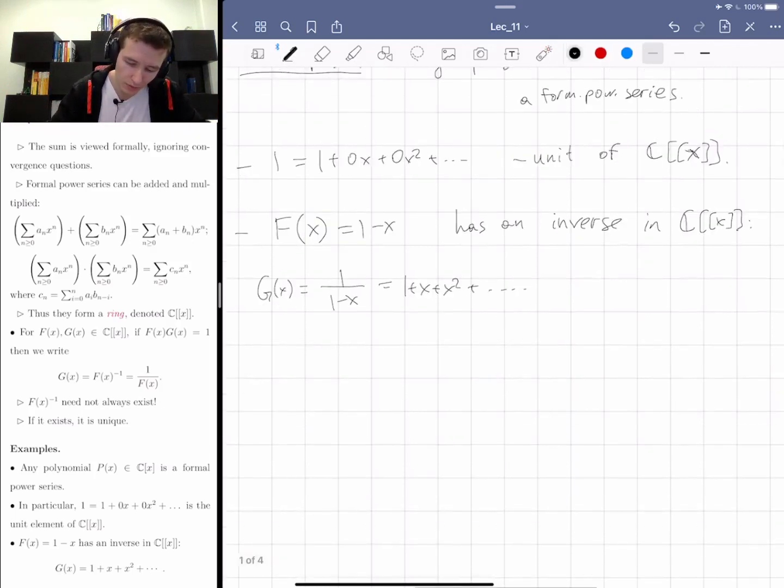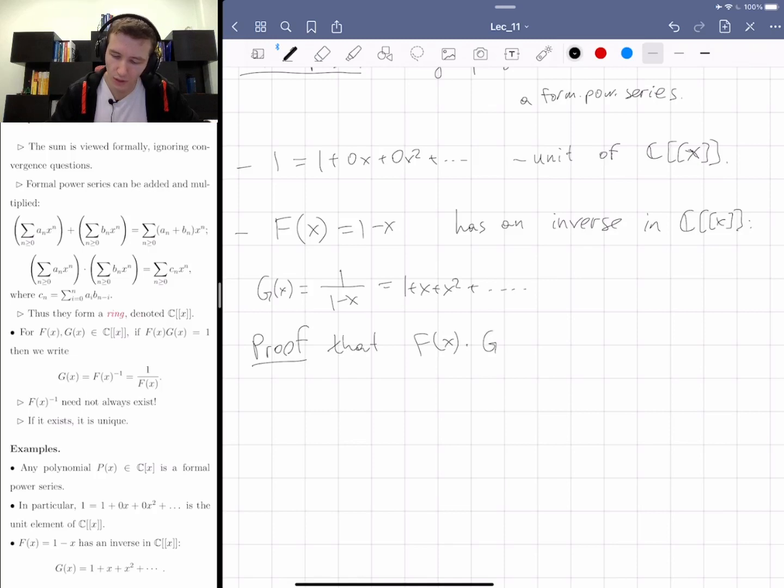So let me try to prove it. I need to prove that f of x times g of x is equal to 1 in the ring of formal power series.